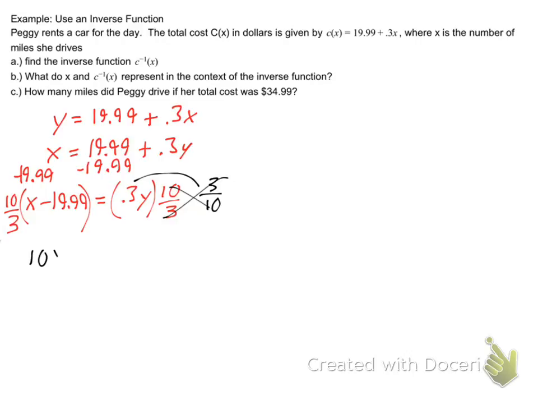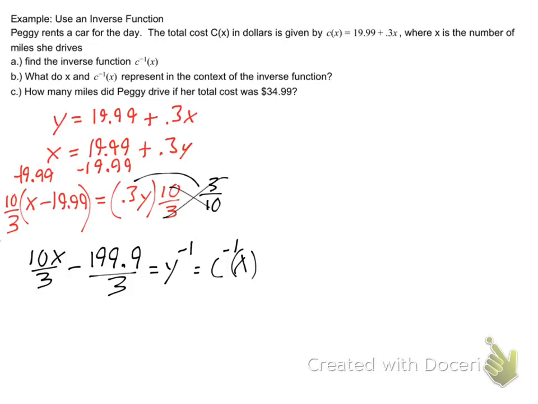So, I end up with 10 thirds x minus 199.9 over 3 equals y inverse, or equals C inverse of x. We found it. It's still not perfect because we have a decimal inside a fraction, but it's a lot better than dividing by 0.3. We could fix that still, multiplying the top and bottom by 10. We're going to run out of time pretty soon here.